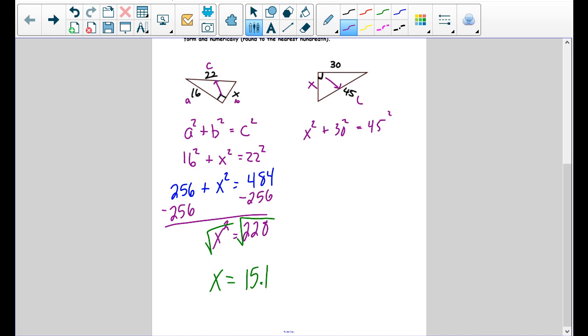Now, some of you like to save steps, right? Well, what's my step to solve here? Subtract, right? So I can say minus 30 squared, which leaves me with x squared equals 45 squared minus 30 squared.